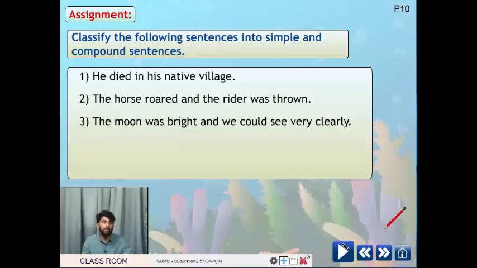Okay, so write it quickly. So this is your assignment. What you have to do, you have to say whether the sentence is simple or compound.